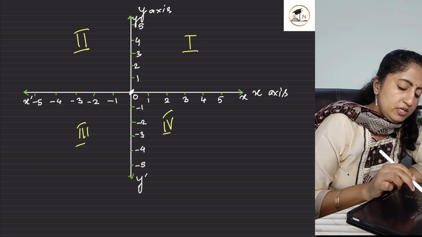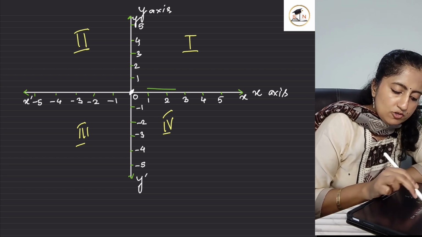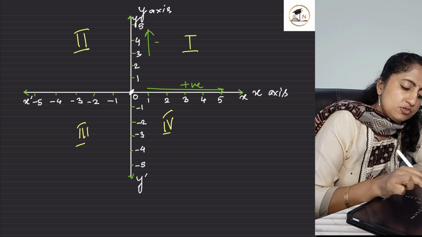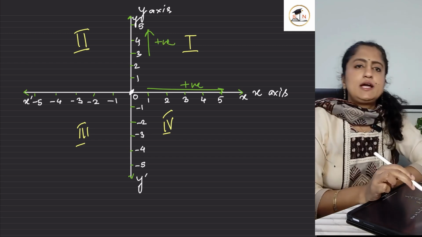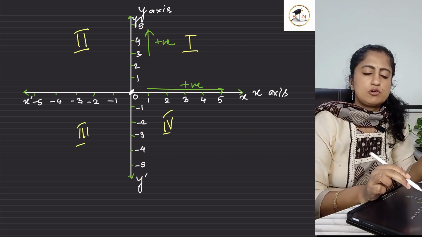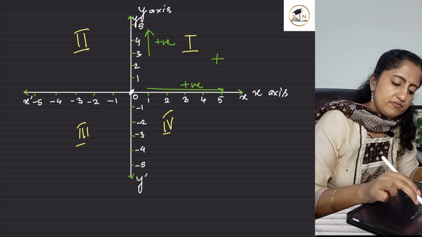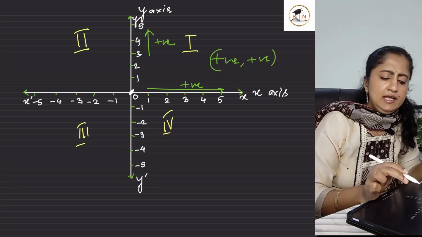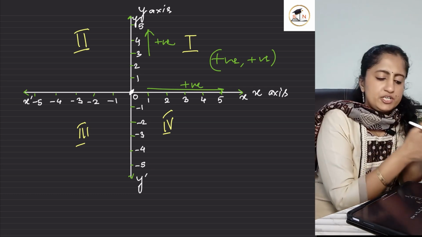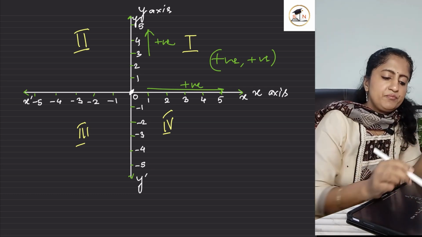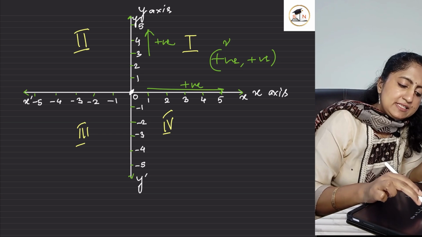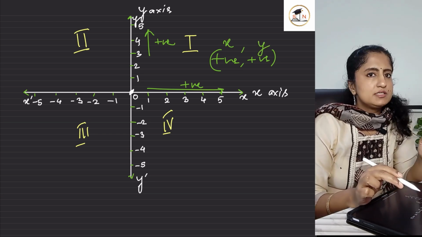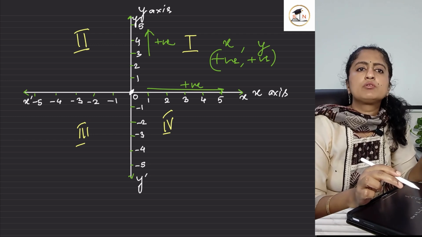In the first quadrant, you can see that X is positive and Y is also positive. So that means when we are talking about the first quadrant, everything is positive. Okay, positive, positive. I'm writing positive, positive, not just generally, but the first positive resembles X and the second positive denotes Y. Because soon we are going to learn about the coordinate.